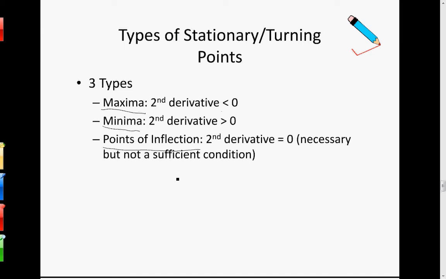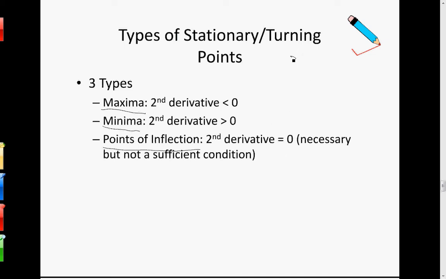So what if you sub in and you get 0? Then it could be a point of inflection, but it is not necessarily a point of inflection. A very good example is x to the power of 4.